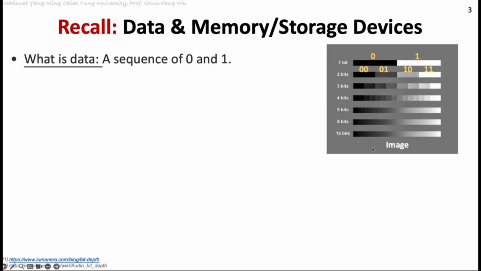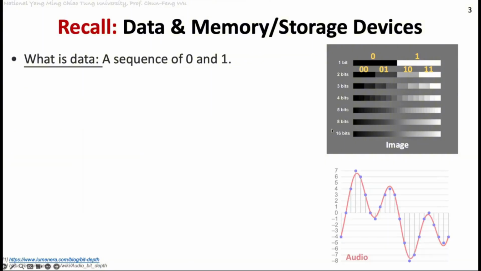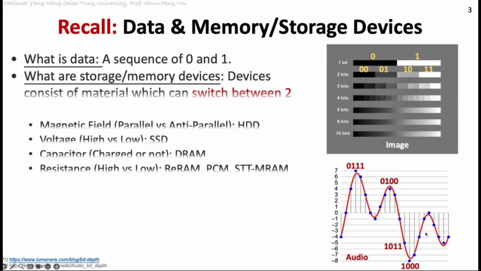So you can see that if we are going to represent a higher quality or finer image, then we can use more bits, so you can represent smoother color. Same as audio. When we store audio in memory or a storage device, this is the signal for an audio, and then we will do some sampling.